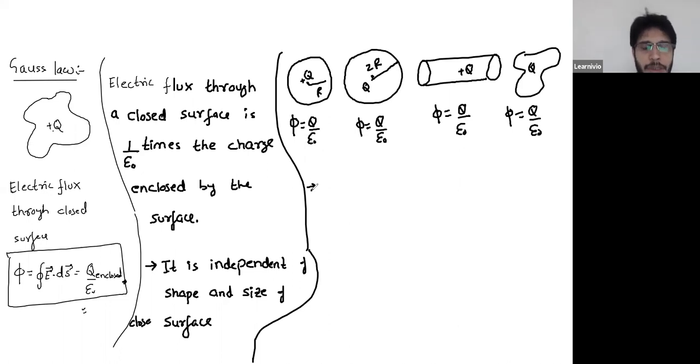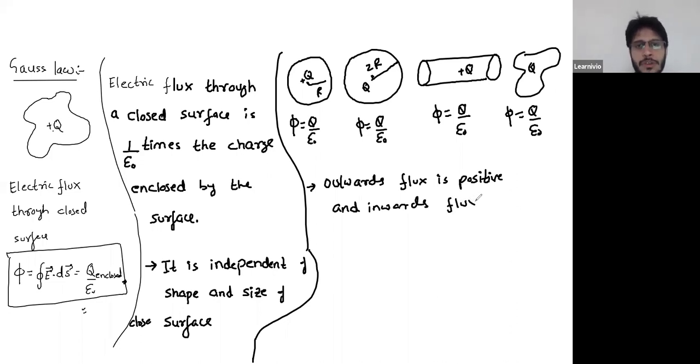That's the first thing. The second important thing about Gauss law is outwards flux is positive, and inwards flux is negative. Flux which is moving out of the closed surface is positive, and flux which is entering the closed surface is negative.